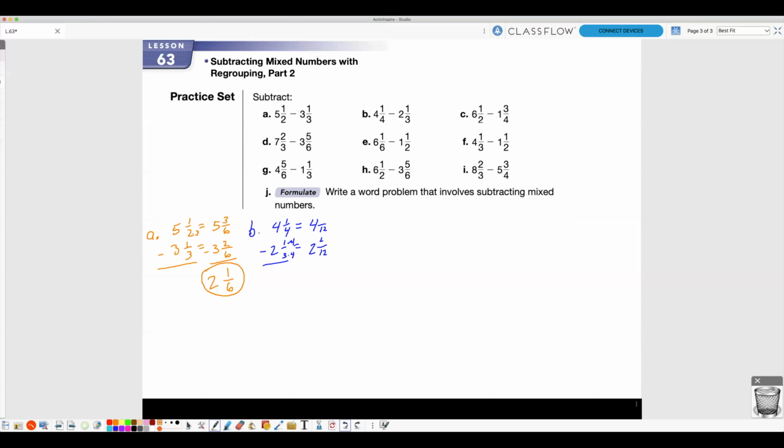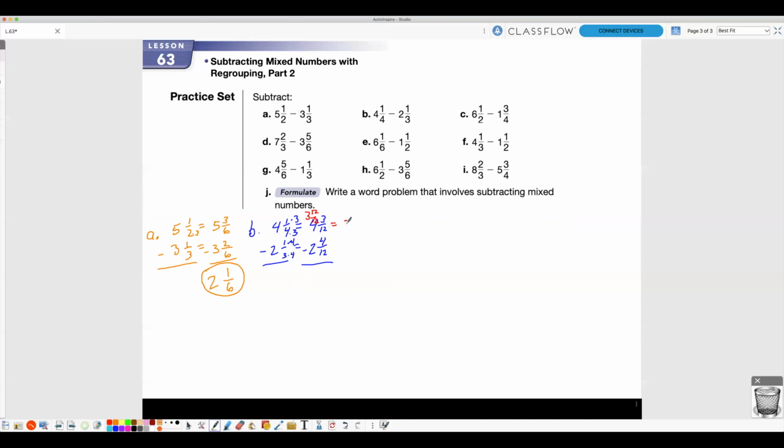Oops, let me go back. My 4s on this digital pen I always mess up. 4 times 3 here to get to 12, and 1 times 3 to get to 3. And then I subtract that. It looks like I'm going to have to regroup. In this case, I have to regroup this because I need this to be 3 12 twelfths plus that 3 twelfths.